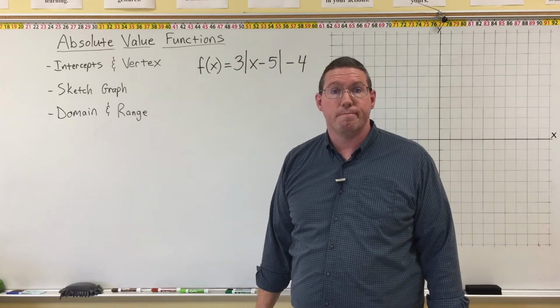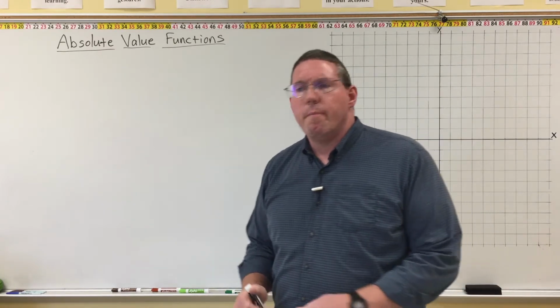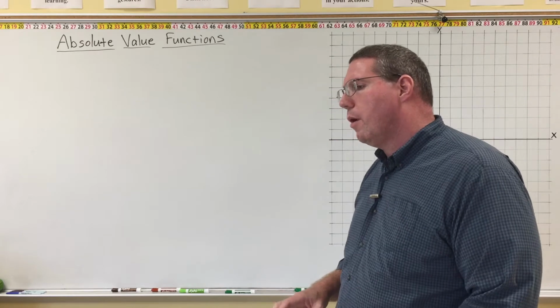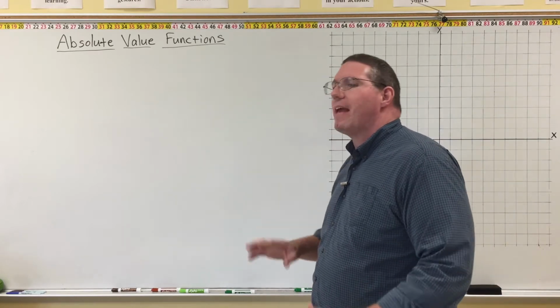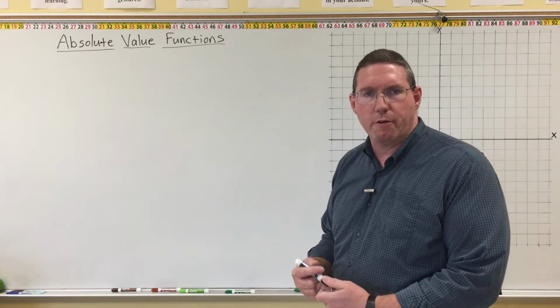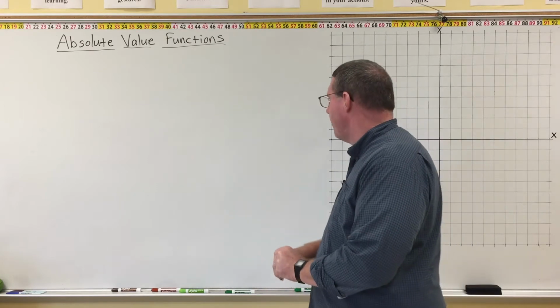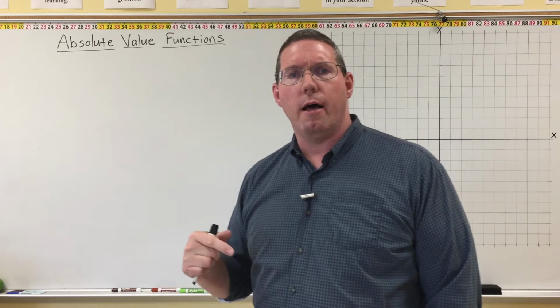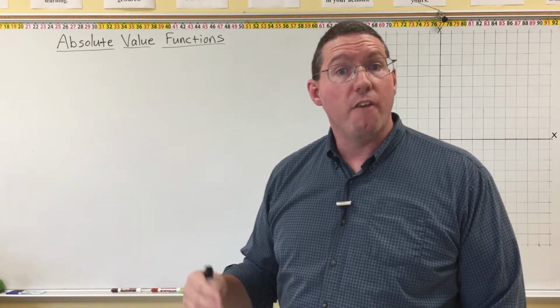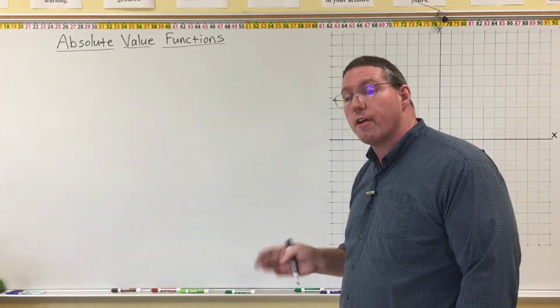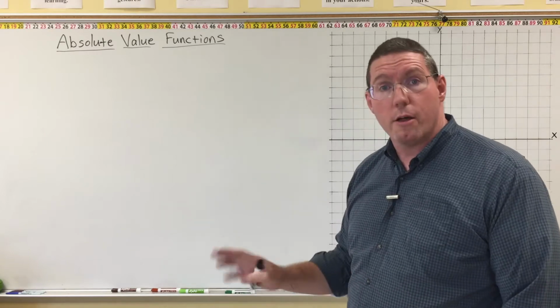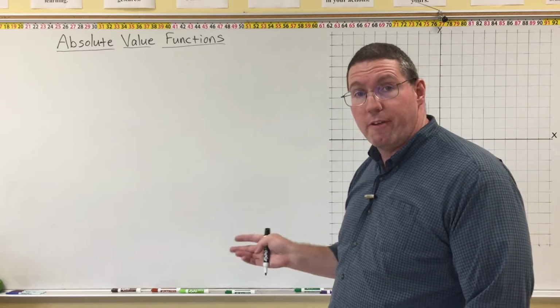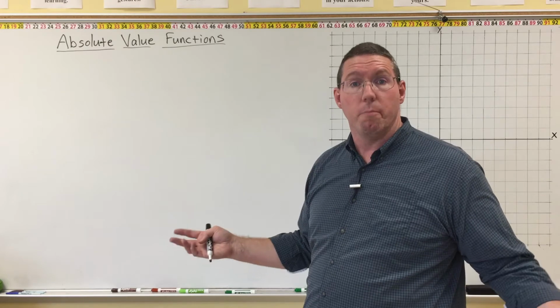Okay, so I want to give you what I call the basic form of an absolute value function, or at least a linear absolute value function. And it's going to look very similar to the slope-intercept form of a line because there is a slope associated with absolute value functions because they are basically linear.